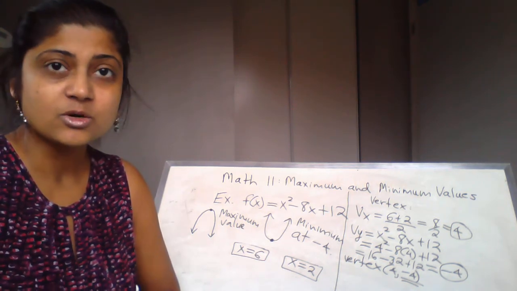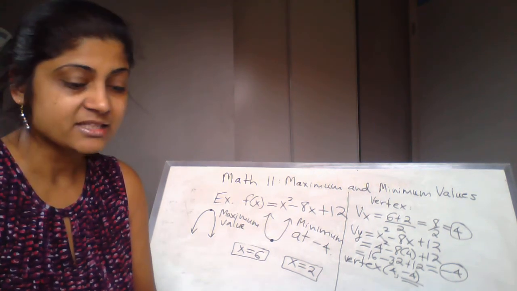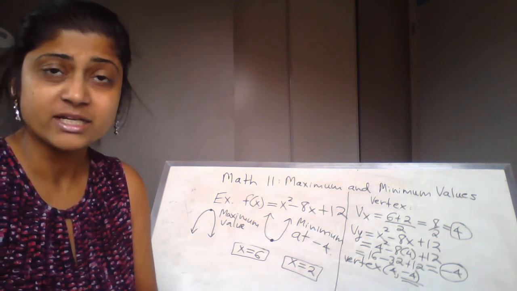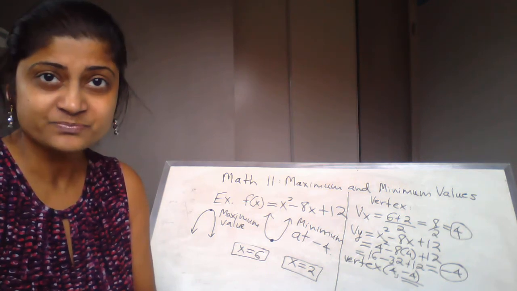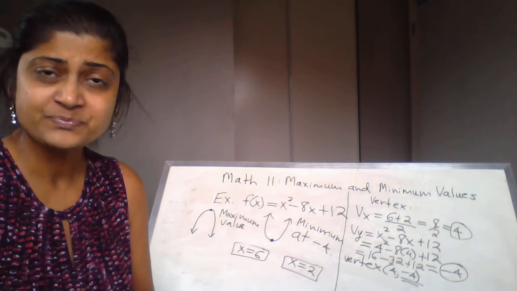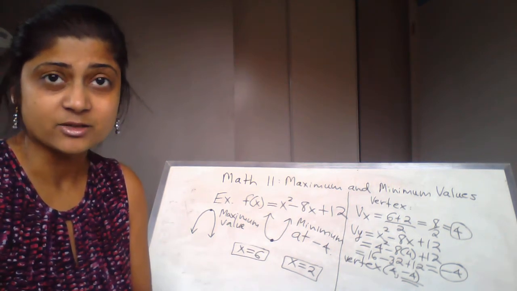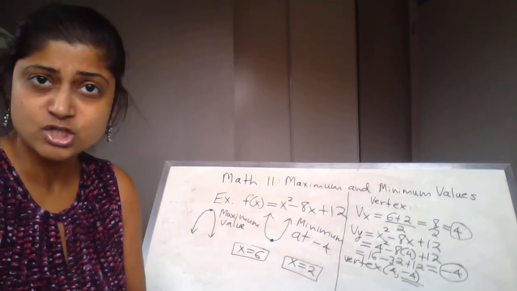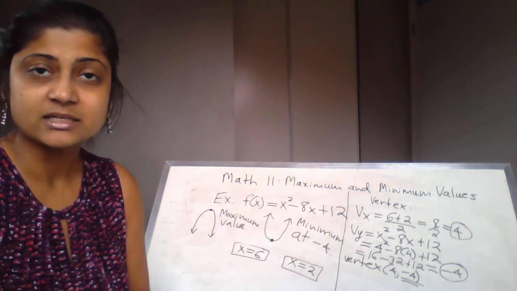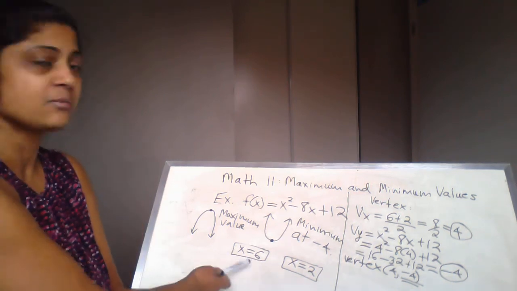The first method that we did was completing the square, and that changes the standard form of the quadratic into the vertex form. That's the best way I can find the vertex right away, and I have the y point of the vertex. I'm just looking for that negative sign in front of the quadratic function. If you don't see that negative sign, the parabola is opening upwards and is going to be a minimum value.